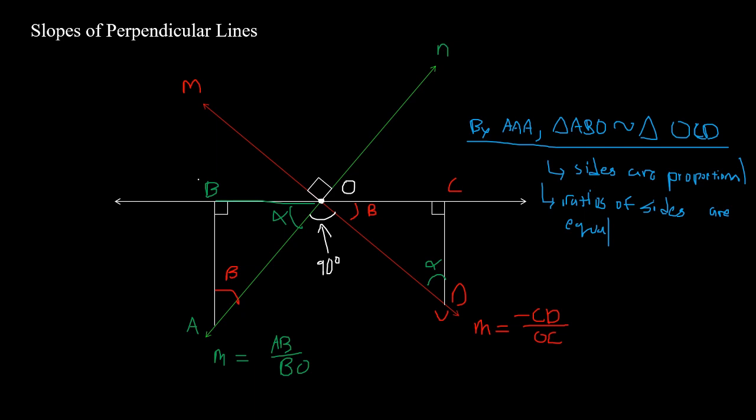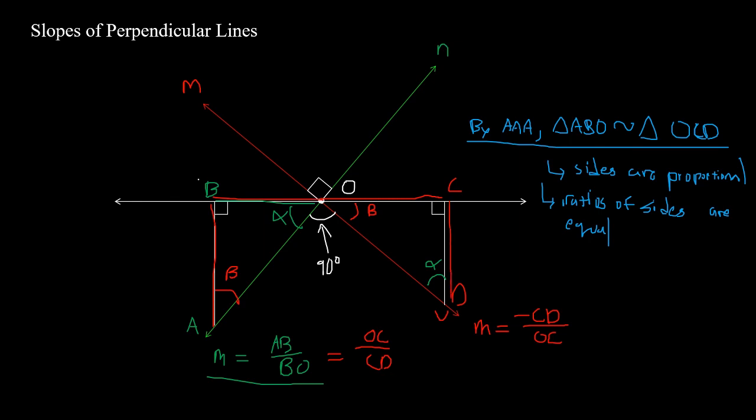All right, so what does that mean for us? Well, the ratio of the slope of the green, AB over BO, is going to be equal to OC over CD. We know this is true because AB is adjacent to angle beta, and OC is adjacent to angle beta, and BO is opposite to angle beta, and opposite to angle beta is CD.